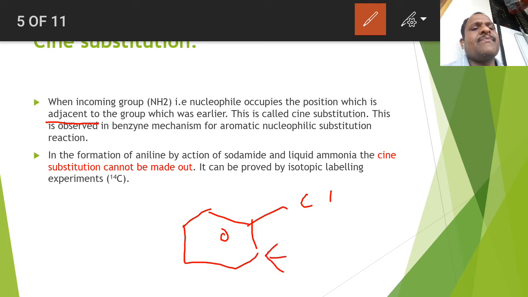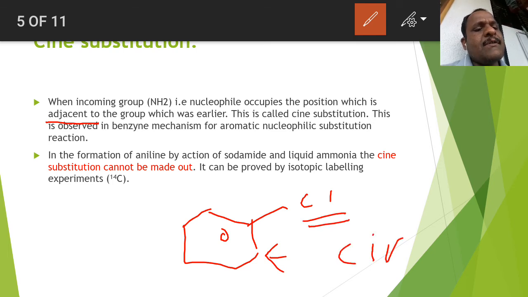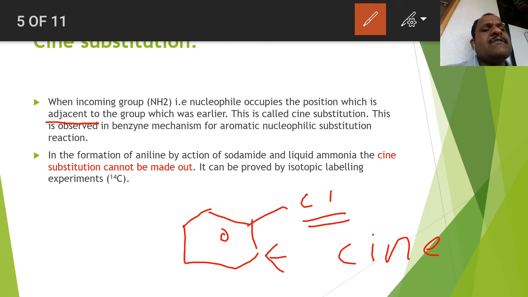If the nucleophile occupies the position which is adjacent to the group which was present earlier, then that substitution is called cine substitution. Everybody understood that? Cine substitution.